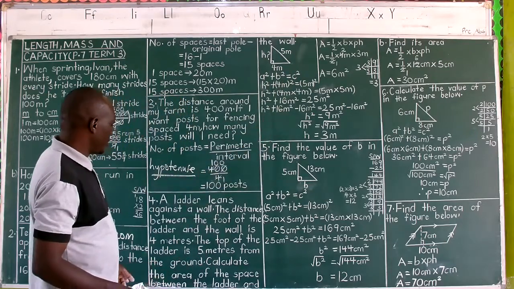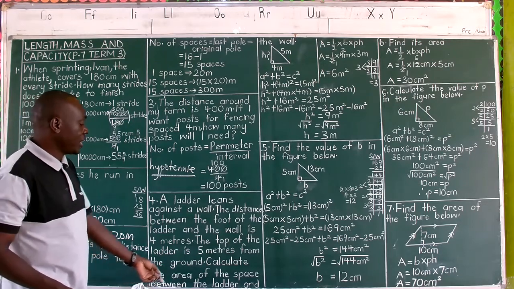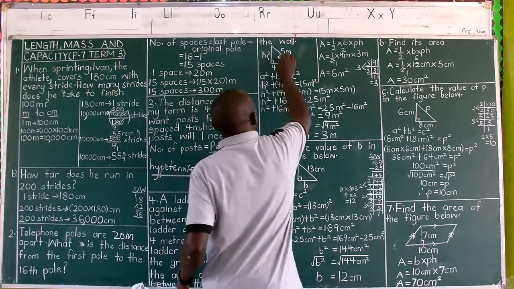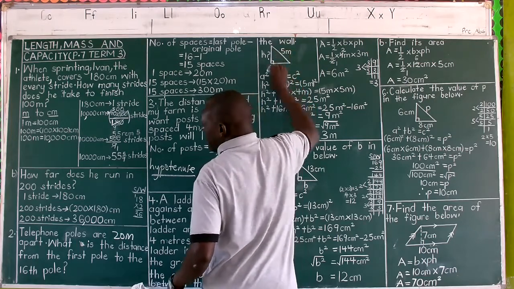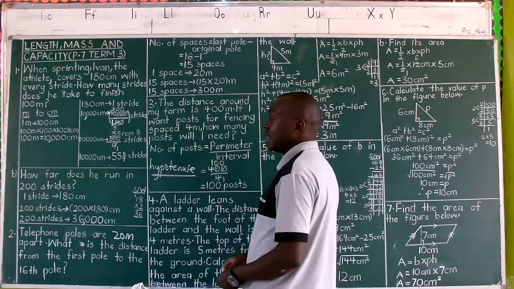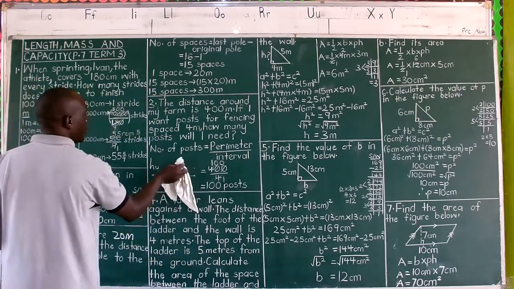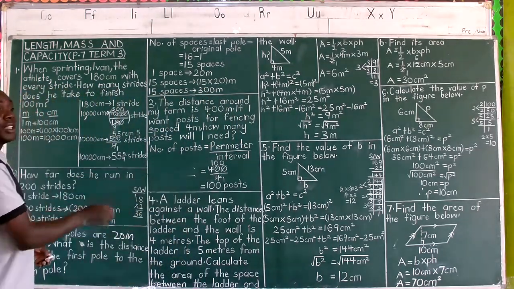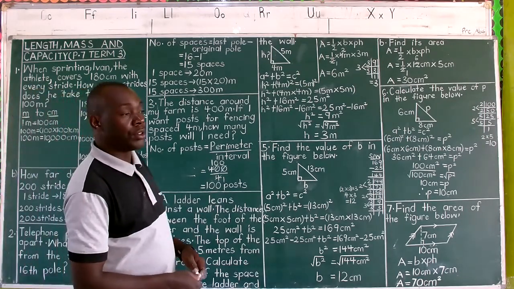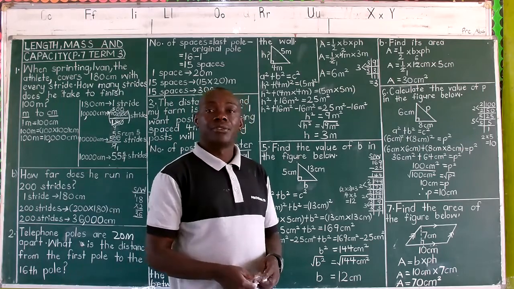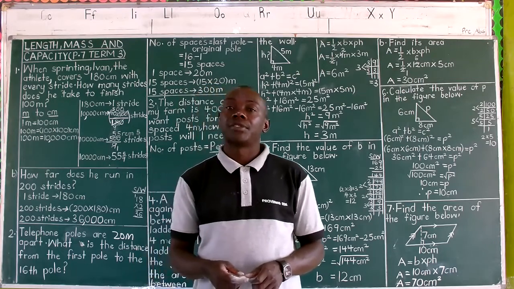Now the question is, calculate the area of the space between the ladder and the wall. So they want you to find the area of the entire thing here. The shape you have seen is a right-angled triangle, and the area of any triangle is got by the formula a half times base times perpendicular height, like we learned from P4.